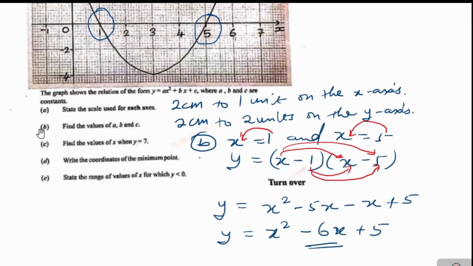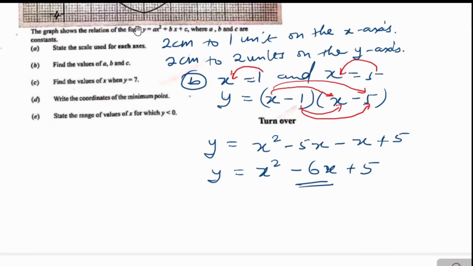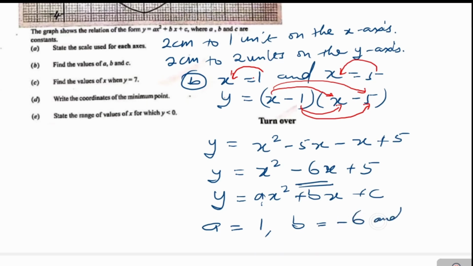So to get back to the question, it is asking us to find the values of A, B, and C. Comparing our equation with the general or standard form of the equation, which is y equals ax squared plus bx plus c, our A is going to be 1, B will be negative 6, and C will be 5. So that becomes the answer to our question.